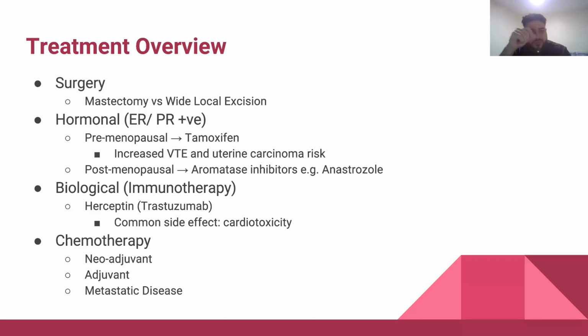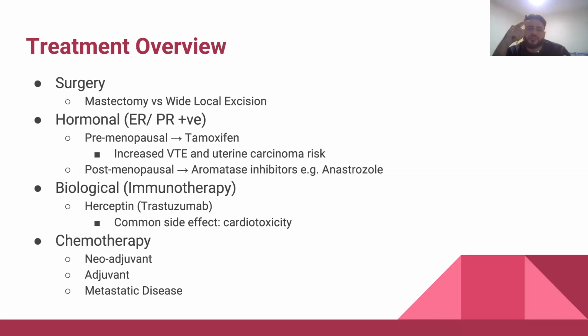If they're premenopausal, then you'd want to consider using tamoxifen, whereas if they're postmenopausal, you want to consider using aromatase inhibitors. I think the reason for that is that in postmenopausal patients, the uterus is the main source of estrogen.